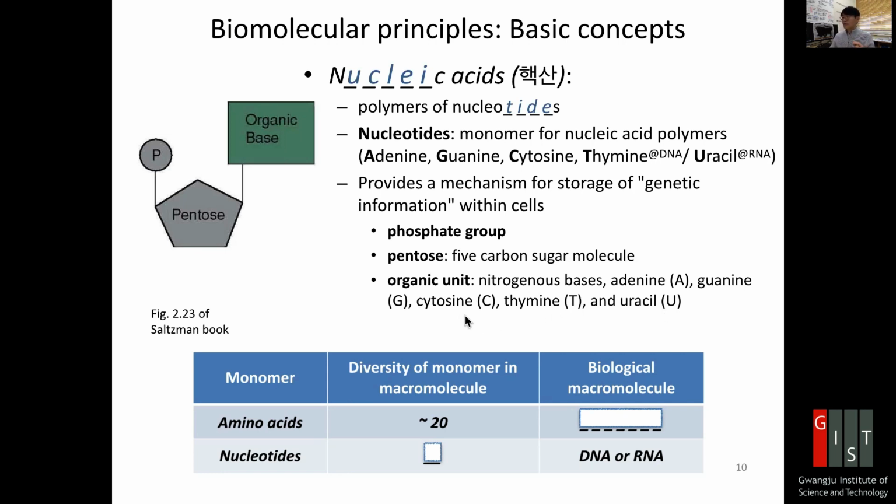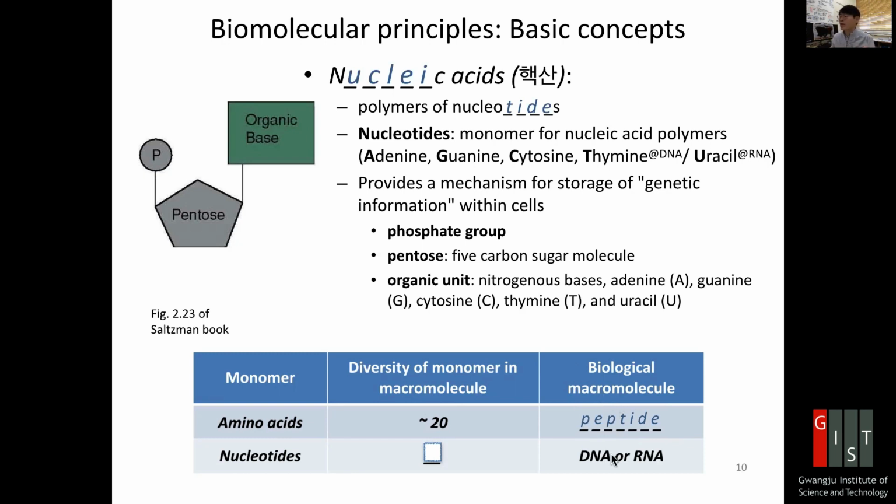With the biological macromolecule using amino acids, we form a peptide, and peptide chains compose a protein structure. That diversity comes from the amino acids: about 20 naturally occurring standard amino acids generate a multitude of peptide chains.